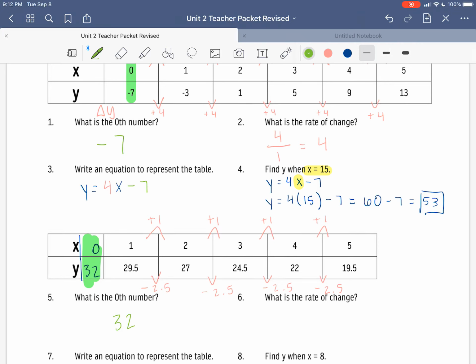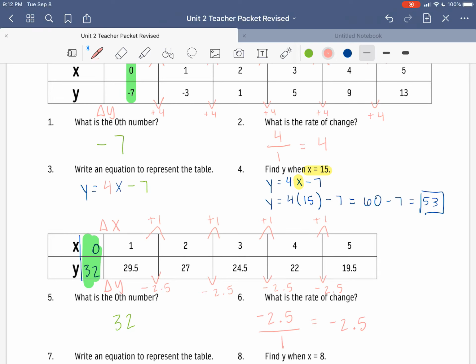And then we've started finding our rate of change. Remember, for rate of change, we use the change in y over the change in x. So my change in y, I'm going down 2.5 for every increase of 1 in my x. So that, when I simplify, negative 2.5 divided by 1 is negative 2.5.